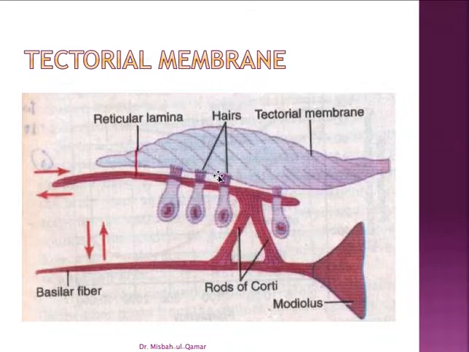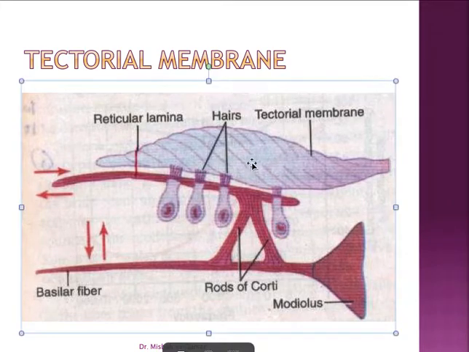It is in direct contact in such a way that these processes are stimulated by the movement of the tectorial membrane in relation to the vibrations which are produced in the endolymph. So when the vibrations are produced in the endolymph, which is present in the scala media, this tectorial membrane shows movement.